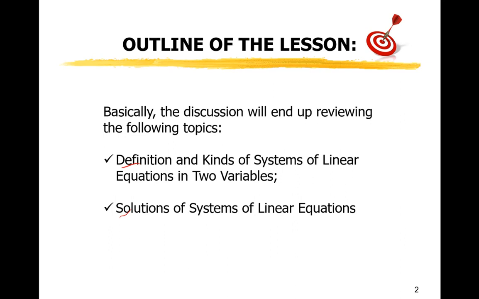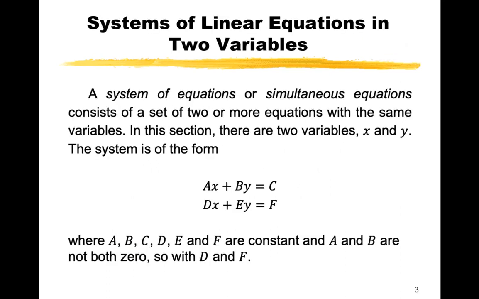Essentially, for this lesson, mare-review kayo on how to solve for the values of x and y sa systems of linear equations. So ano nga ba yung tinatawag nating system of equations or systems of equations? A system of equations, or sometimes we call it simultaneous equations, is a set of two or more equations with the same variables.